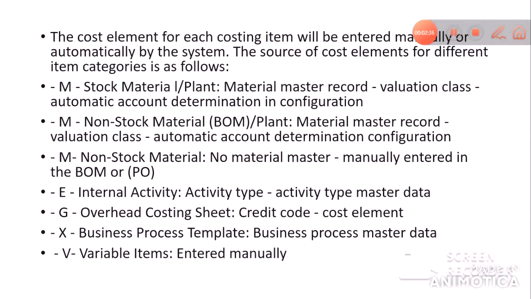E, internal activity: activity type master data. G, overhead: costing sheet, credit code, cost element. X, business process: template, business process master data. V, variable items: entered manually. So these are all the sources of cost elements for different item categories.